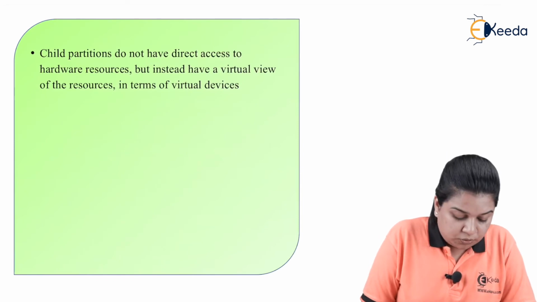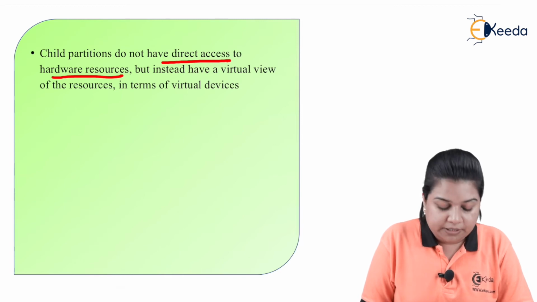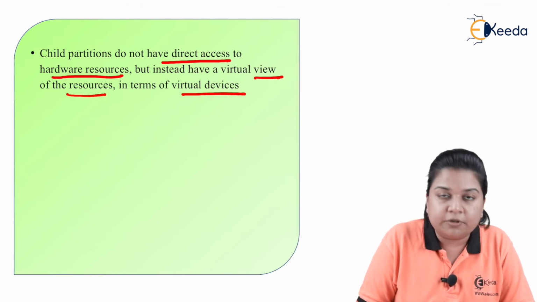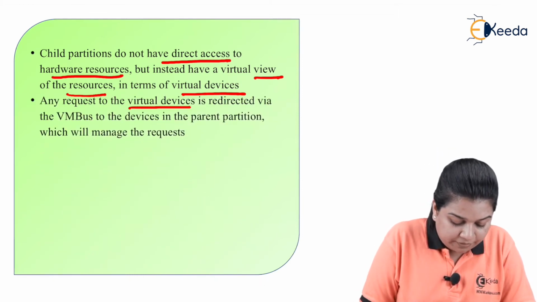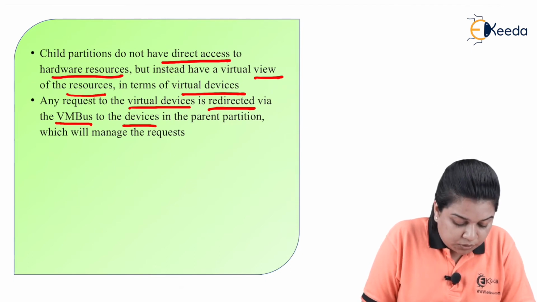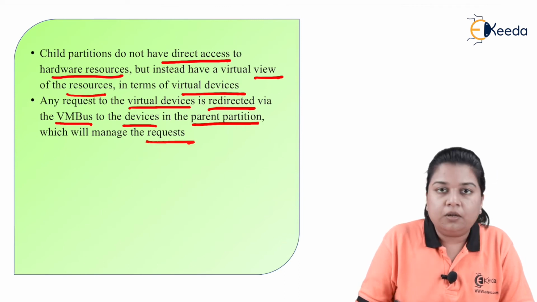Child partitions do not have direct access to hardware resources, but instead have a virtual view of the resources in terms of virtual devices. Any request to the virtual devices is redirected via the VM bus to the devices in the parent partition, which will manage the requests.